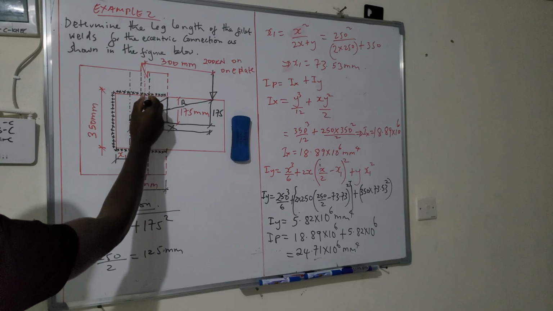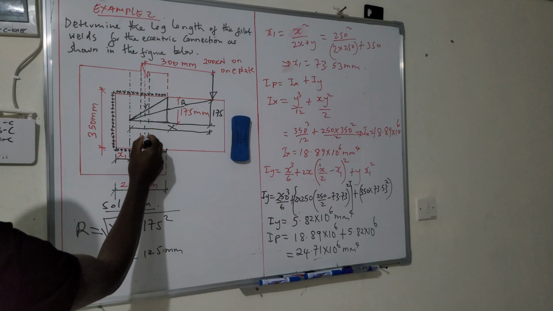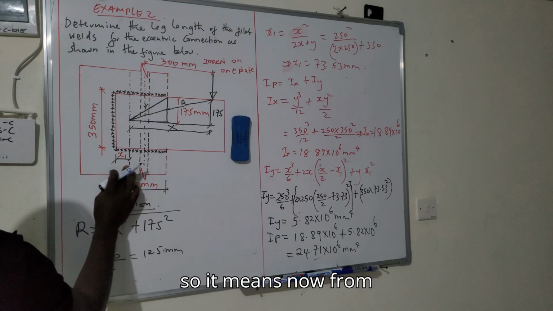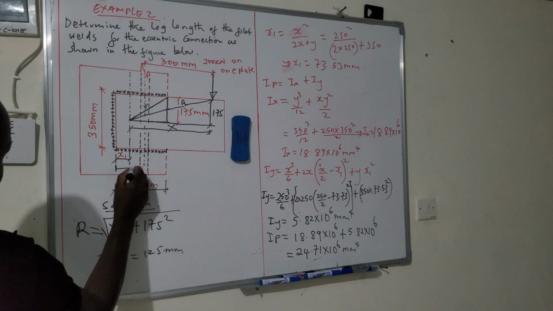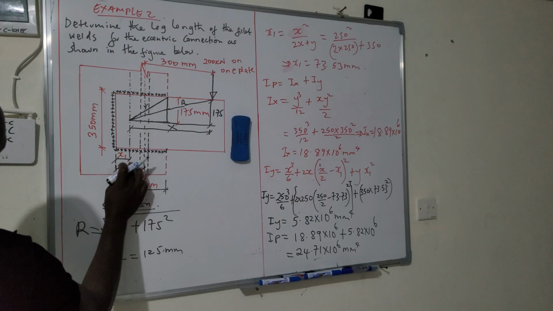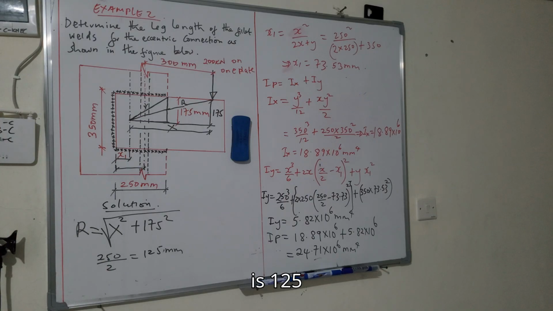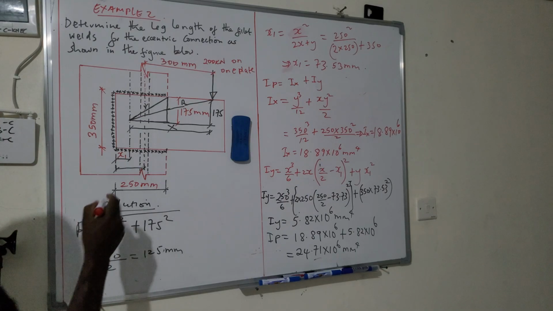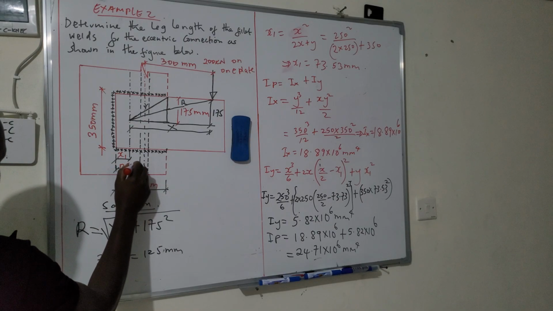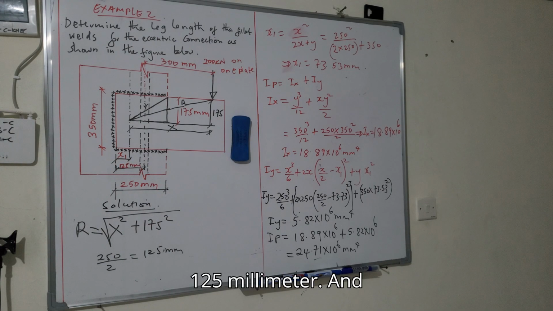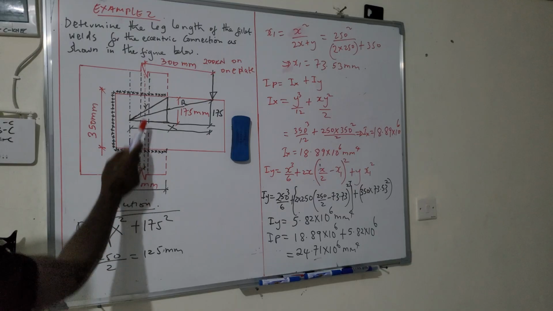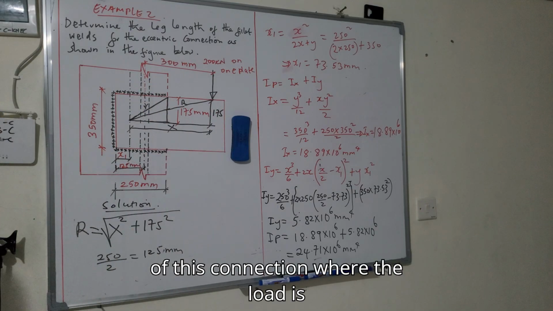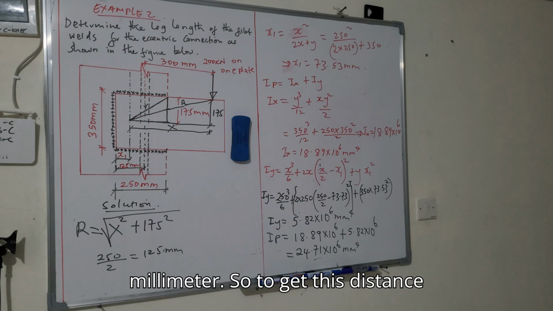So the center, so it means now from here is 125 millimeter. 125 millimeter. And remember, from the center of this connection to where the load is placed is 300 millimeter.